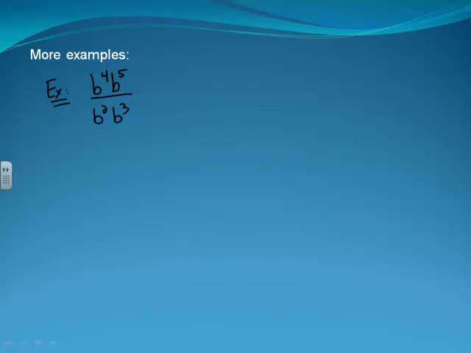So looking in the numerator, note that that's understood multiplication. Those are like bases, so because of property number 1, I can combine that into a single base by adding the exponents. Likewise, in the denominator, I can combine that into a single base by adding the exponents.